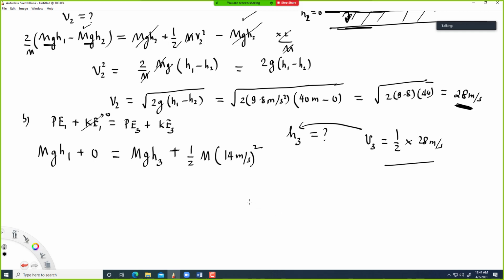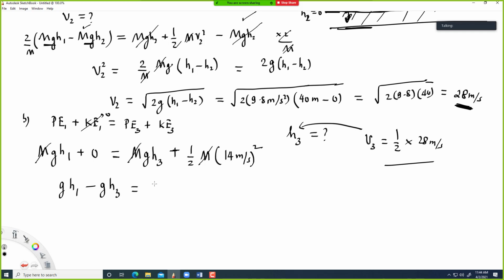So we want to find H3. Here also we have m on all the terms, so you can cancel m, m and m. So we have gh1 left here, and then you can take this gh3 to the left.